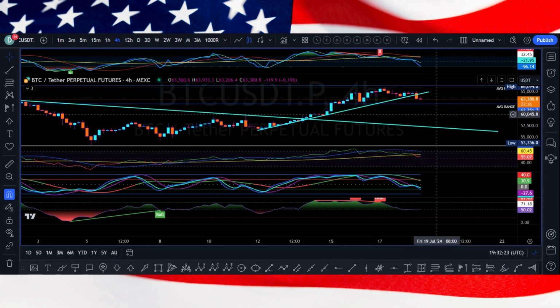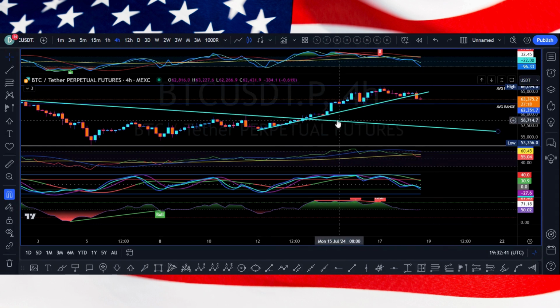So the thing is, will we fill the CME gap? I mean, there's a possibility that we fill the CME gap, and there's also a possibility that we just bounce off the top. And that is what I said, we could just come back and retest the top of the CME gap, because that is actually where you had the break of the trend line, is where you got the gap.